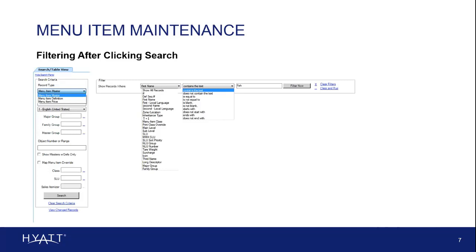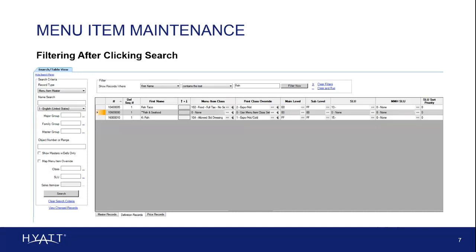So in this example, I'm pulling up all records where the first name contains the text fish. And when you click that filter now button, you'll see the example in this database. We see fish taco, we see the category header fish and seafood, and we see the kids fish item. So these are all the items whose first name contain the text fish.